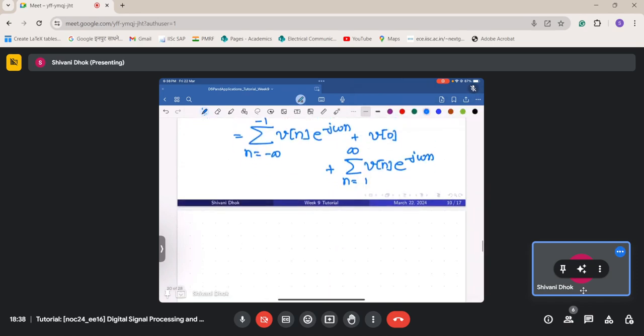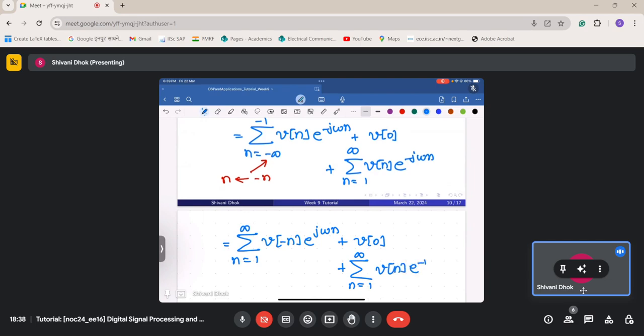Now in this first term, we'll just replace this n by minus n. So then we will have this as summation n running from 1 to infinity v of minus n into e power j omega n plus v of 0 plus summation n running from 1 to infinity v of n into e power minus j omega n.